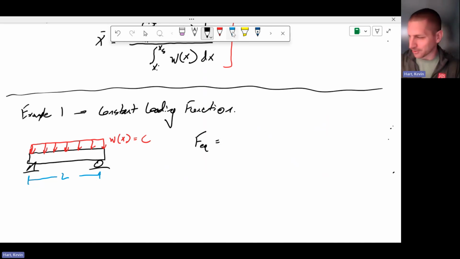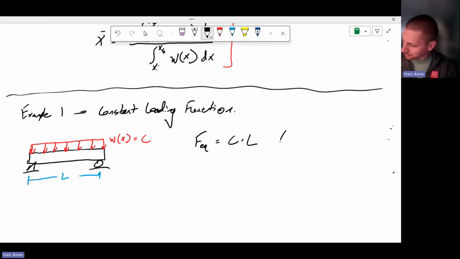Well, this loading function is just a rectangle, right? So we can see this here. This shape is the shape of a rectangle. So the area of this rectangle is just the length times the height. So in this case, we're going to have C times L. That's the magnitude.